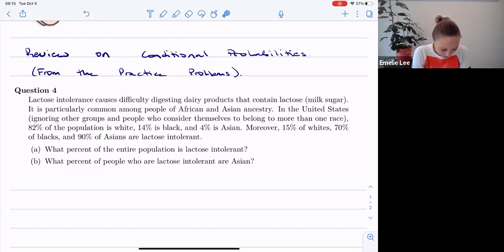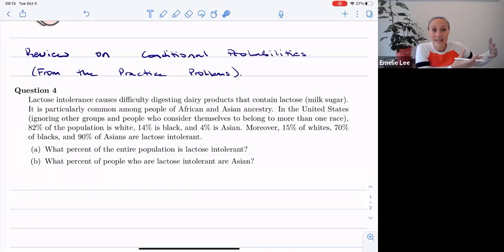So here we go. So lactose intolerance causes difficulty digesting dairy products that contain lactose or milk sugar. So it's particularly common among people of African and Asian ancestry. In the United States, ignoring other groups and people who consider themselves to belong to more than one race, can we just talk about how big of a chunk of the population we're removing, right?